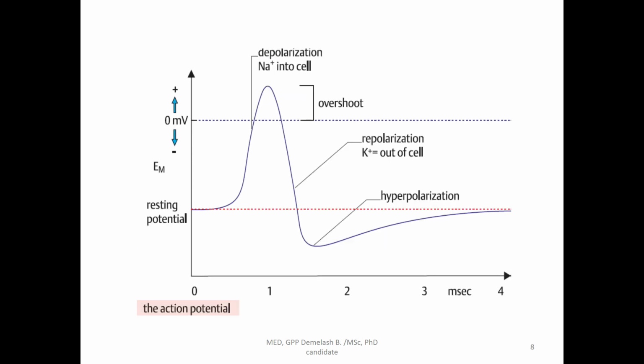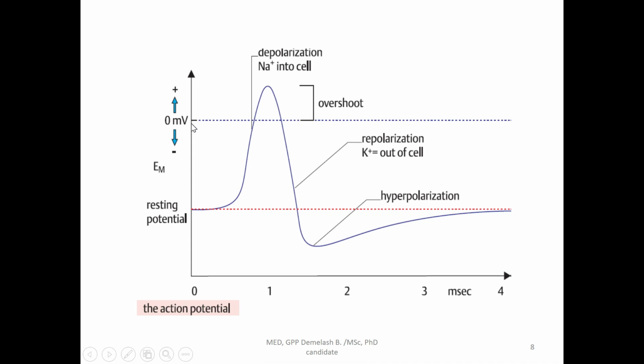This is important. This is how the action potential occurs, shown as the action potential against time in milliseconds, with the resting potential. Here is the resting membrane. Then when the depolarization phase occurs, sodium enters the cell, then there is a period of overshoot when it exceeds 0 millivolts.